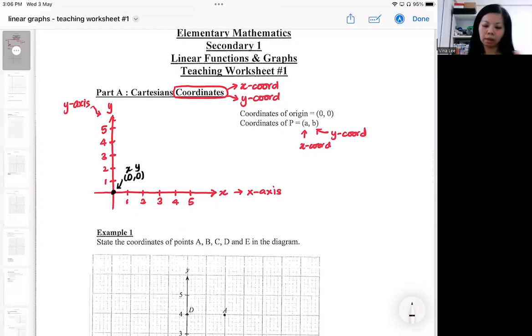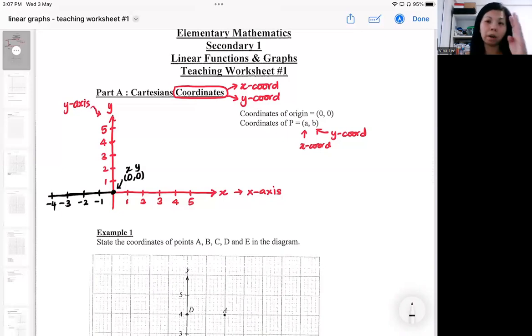With this idea, does my x-axis always have positive numbers? No, I can extend the x-axis. On the left side, it will be -1, -2, -3, -4.